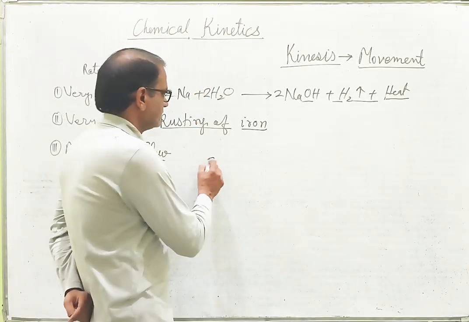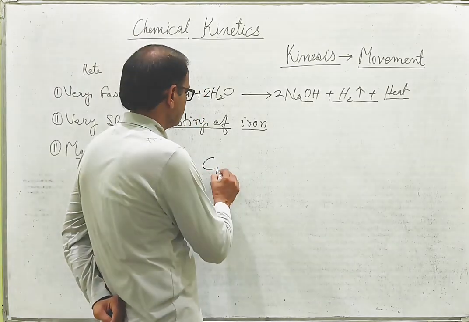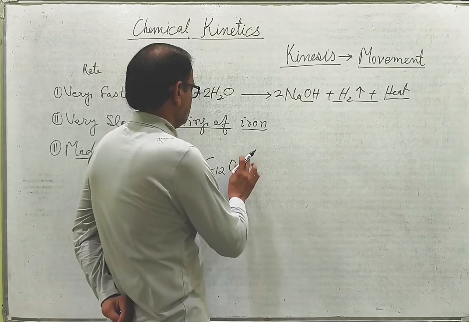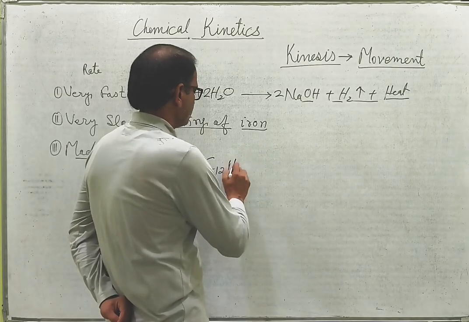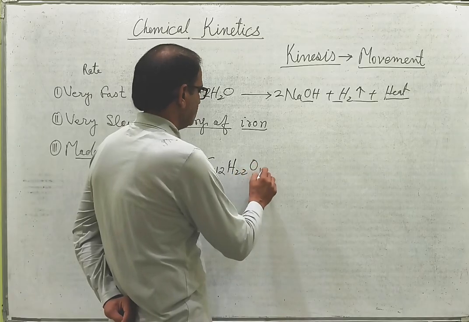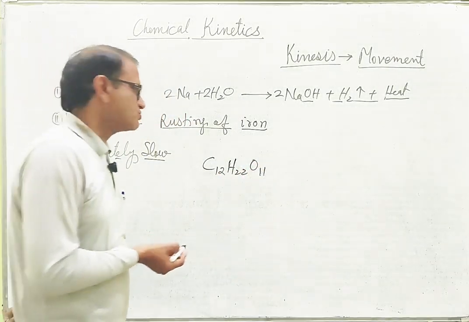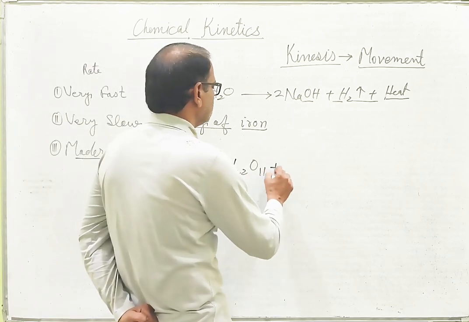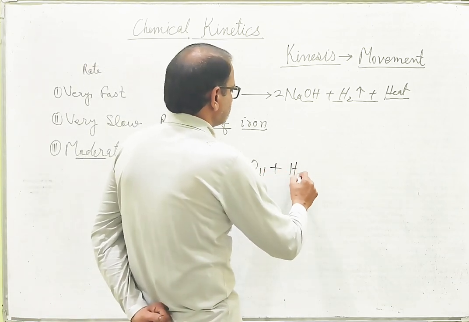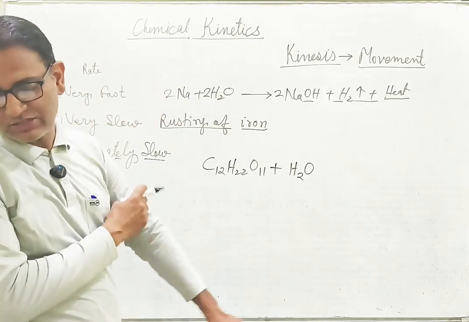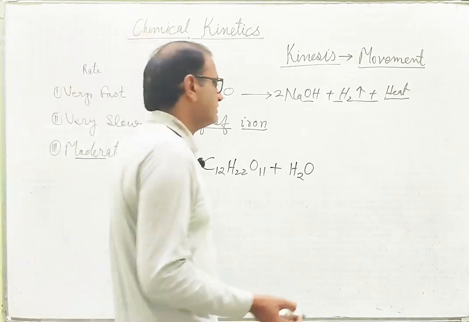Sucrose is C12H22O11. This is the sucrose, cane sugar. If you hydrolyze it with H2O, then what will we get?